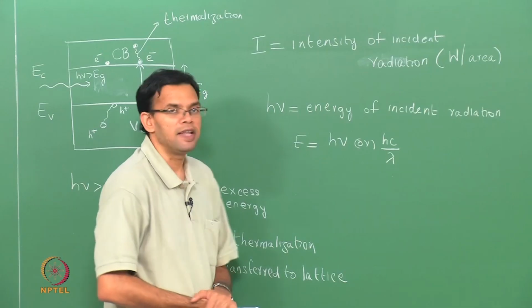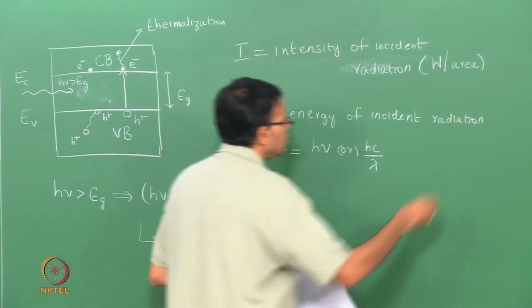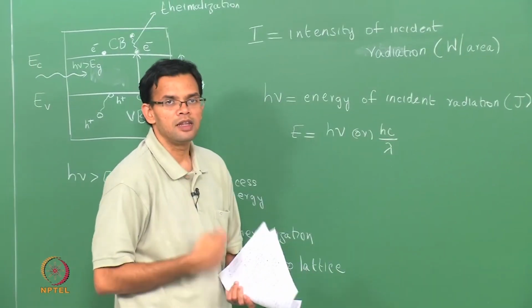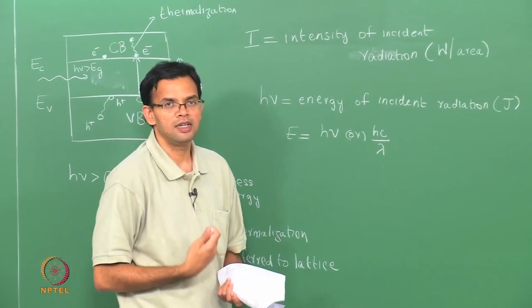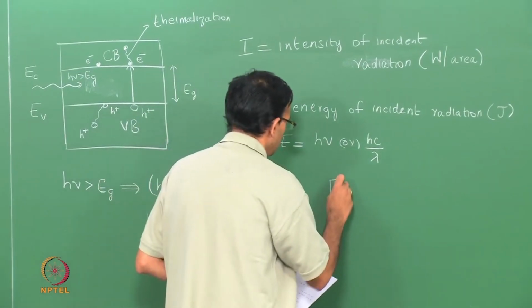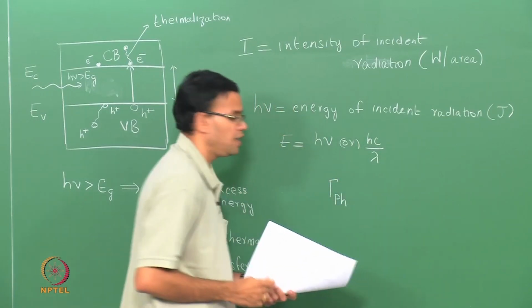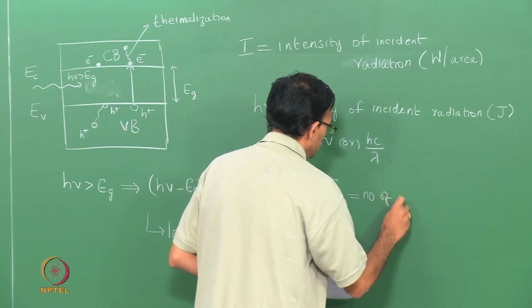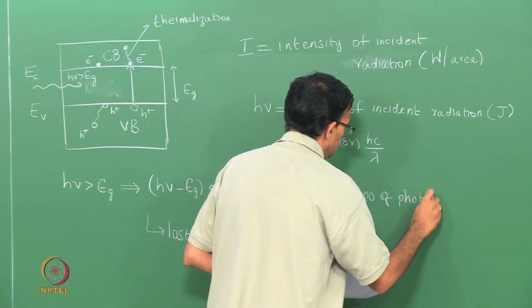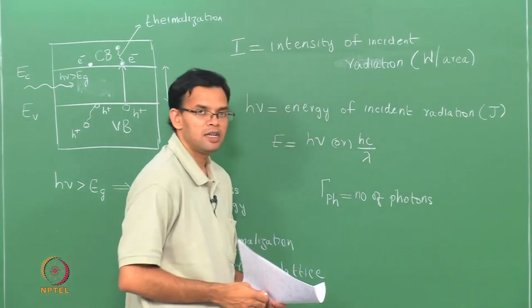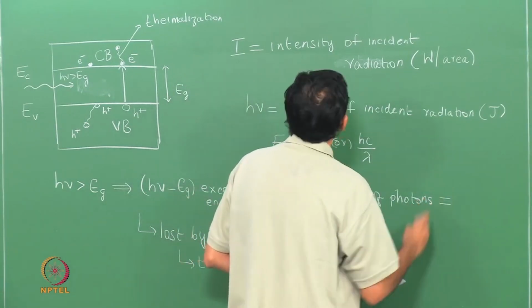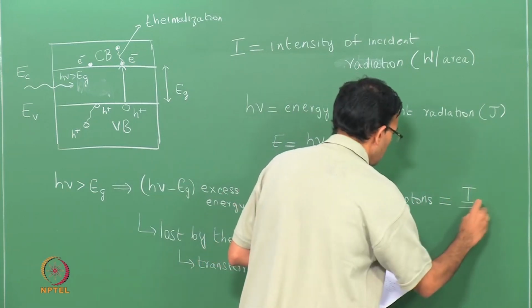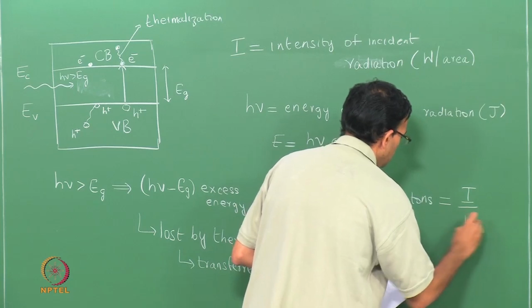So if h mu is the energy of the incident radiation, this is usually in joules or electron volts, then the number of photons that are incident on your sample at the surface, phi, is the number of photons incident at your sample, which is nothing but I over the energy, so I over h mu.